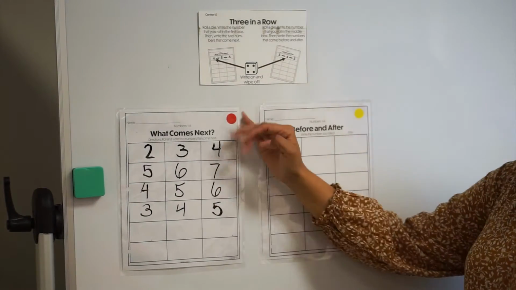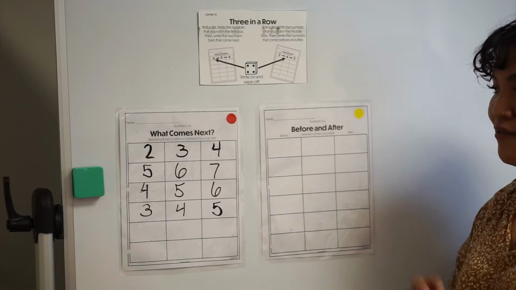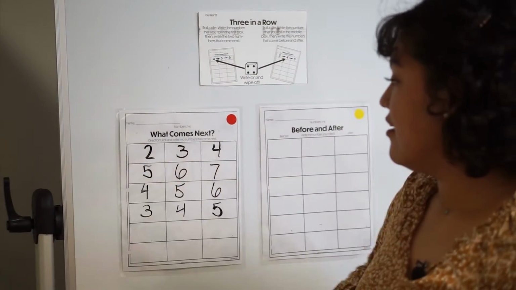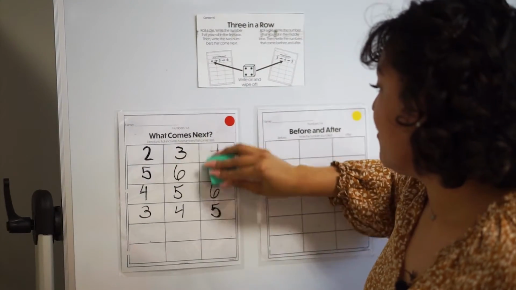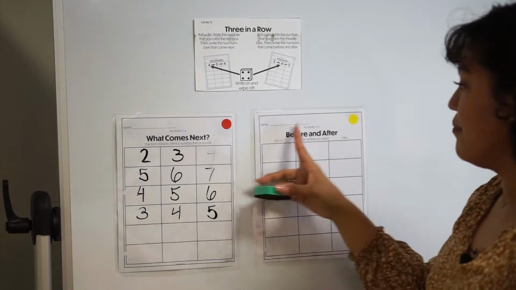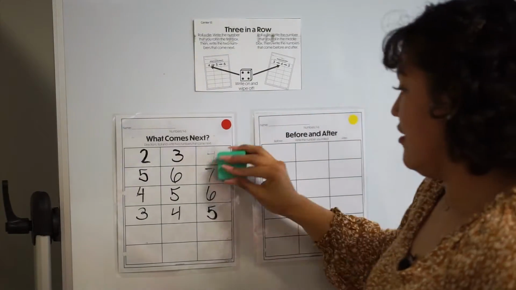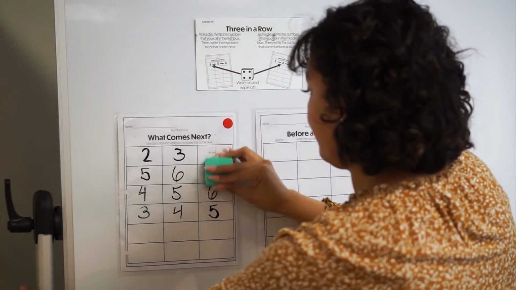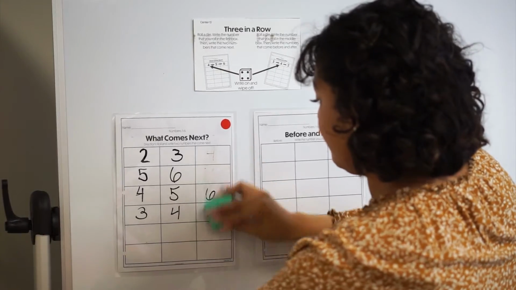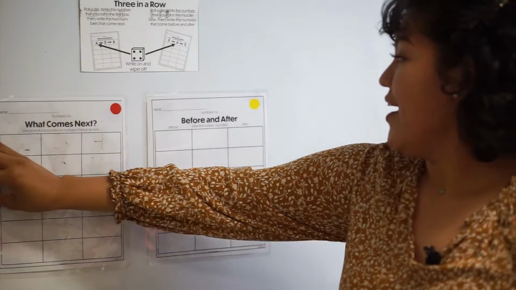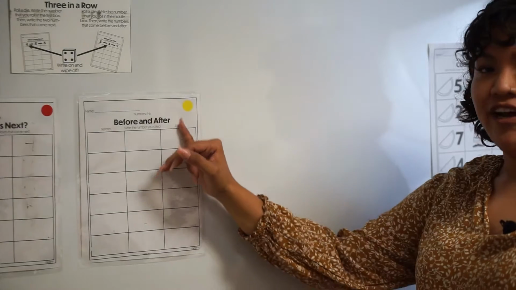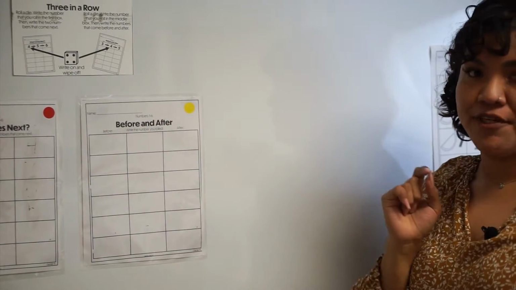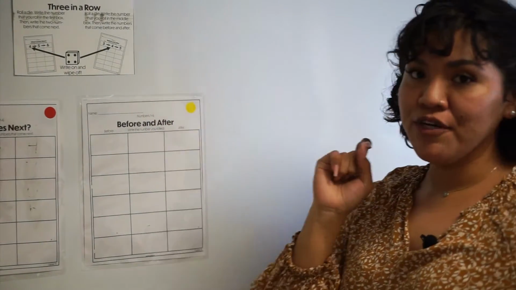Okay. So we did 4 rows together with our rolling our dice. I'm just going to erase these so we can go and look at our before and after worksheet, which is also our center. Okay, so if we look at our other center, which is before and after, we've done this one before, but let's read the directions.